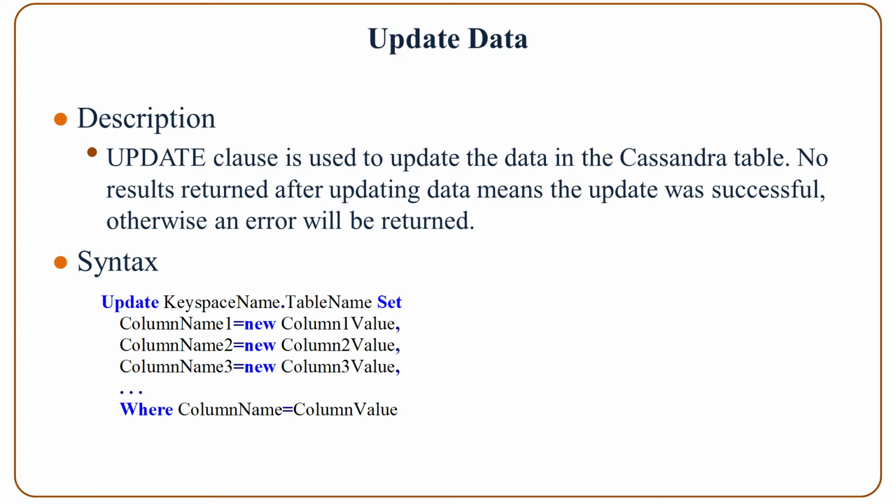How do we update data? The update clause is used to update data in a table. No result returned after updating data means the update was successful, otherwise there is an error. So update keyspace name dot table name and set a set of columns.